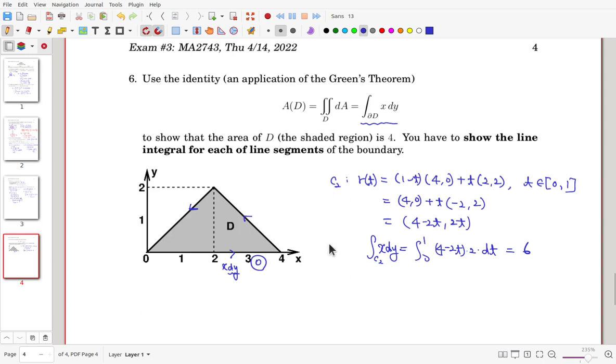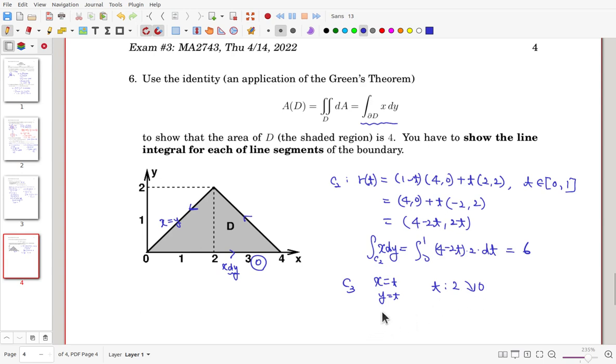Now, how about C3? For that one, you may use another way of parameterization. That equation is y equals x. If x is t, then y is t. But because the direction is from here to there, t is from 2 to 0. So it's going down.